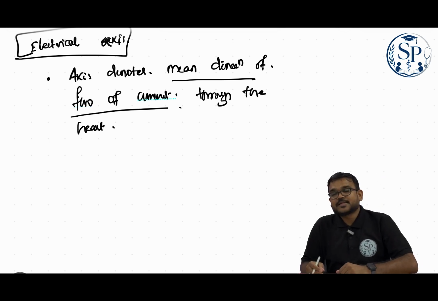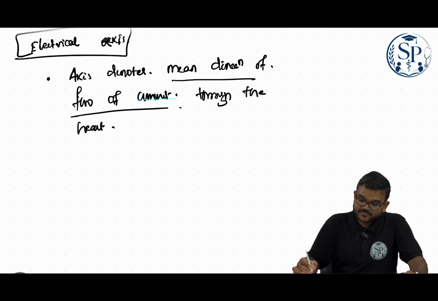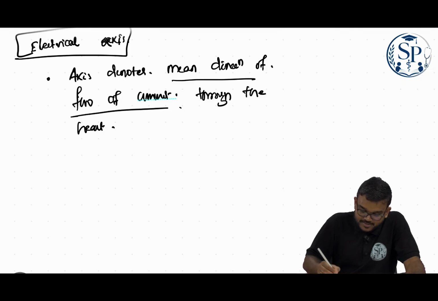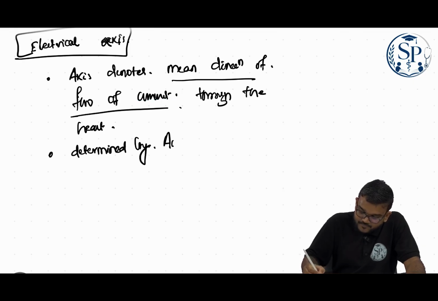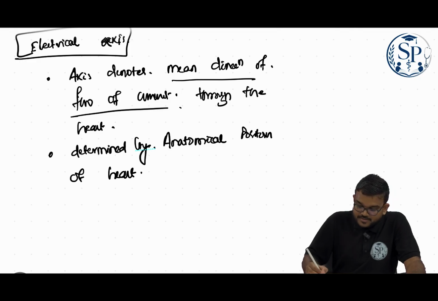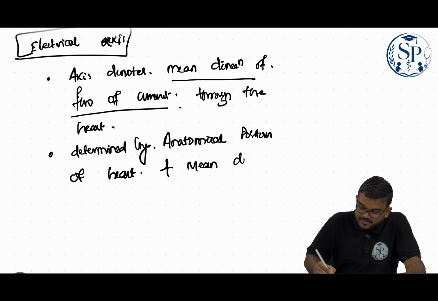Okay, the axis denotes the mean direction of the flow of the current through the heart. It is determined by the anatomical position of the heart and the mean direction of flow of current.